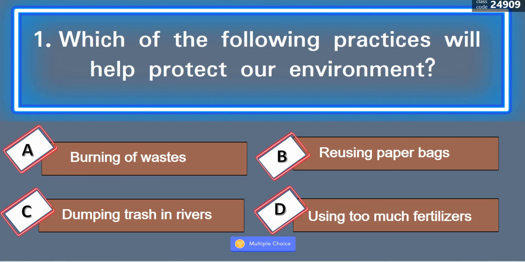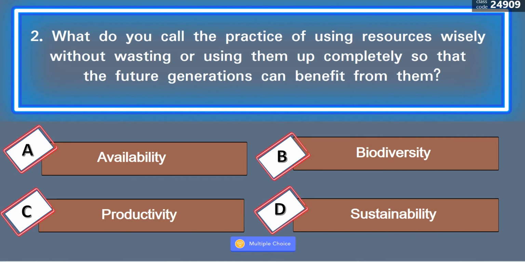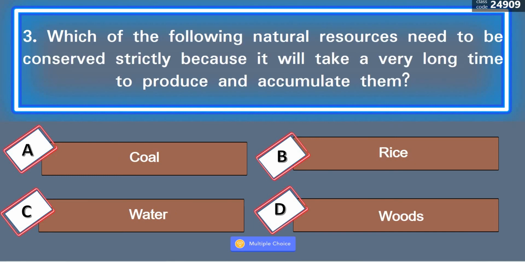Which of the following practices will help protect our environment? Okay, it's letter B, reusing paper bags. Congratulations. Number 2. What do you call the practice of using resources wisely without wasting or using them up completely so that the future generations can benefit from them? Correct. Sustainability, letter D. Number 3.